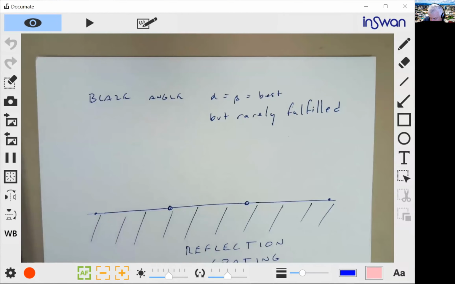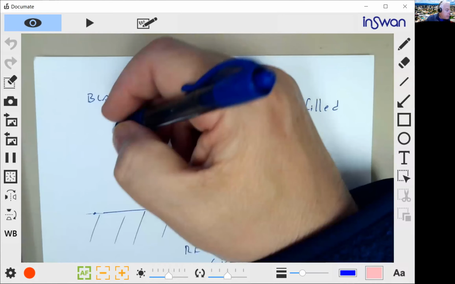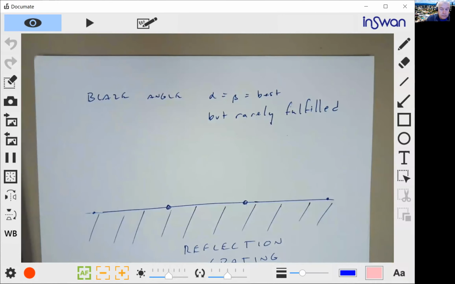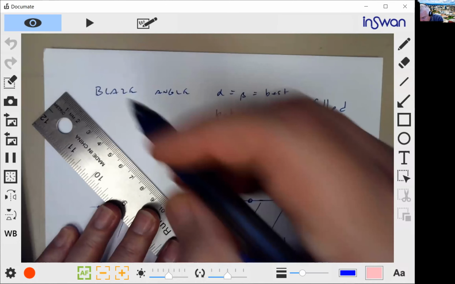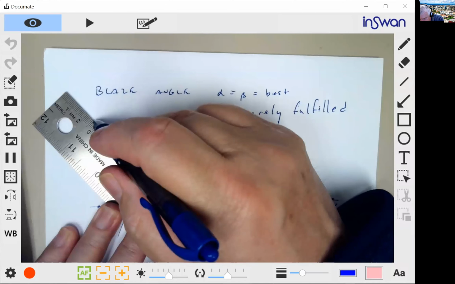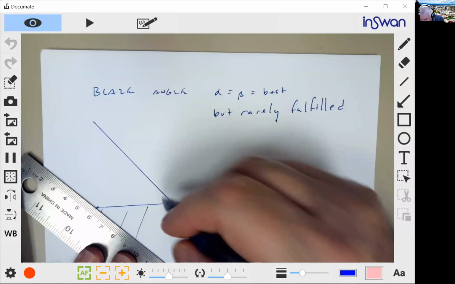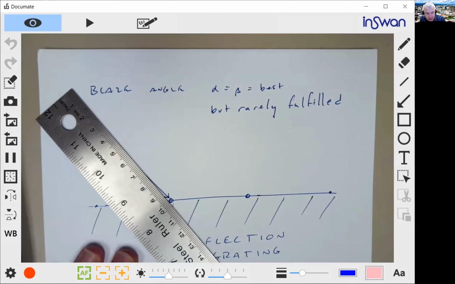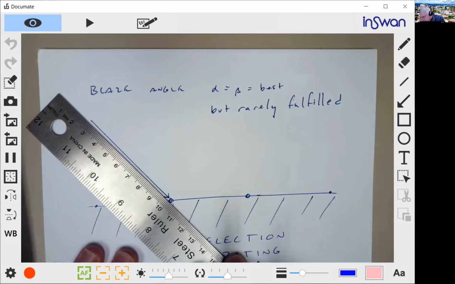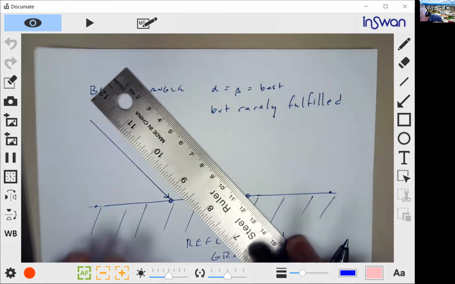All right. Now, if light is coming in at this angle here, there's light coming in. And then light is also going to come in at that same angle, but over here.